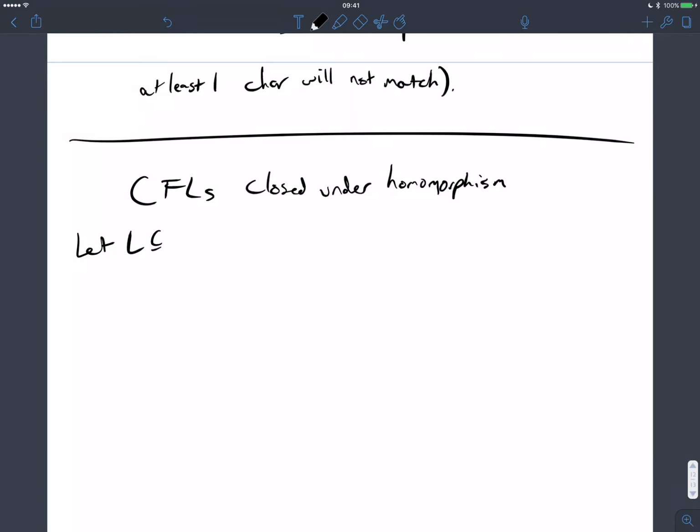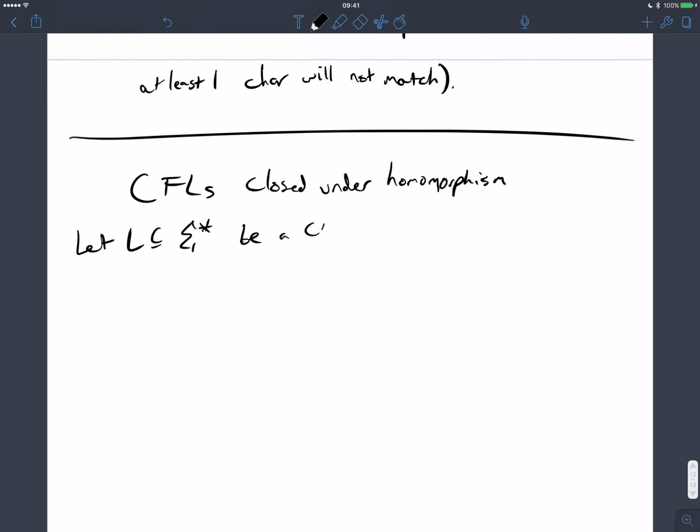Let L over sigma star be a CFL, and h is a homomorphism from sigma star to gamma star. All that means is you provide some string in sigma star to h, it spits out a string in gamma star. That's all it means.